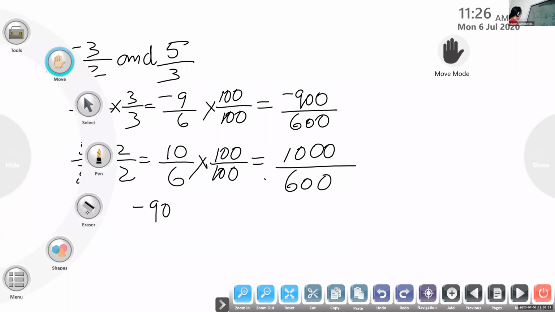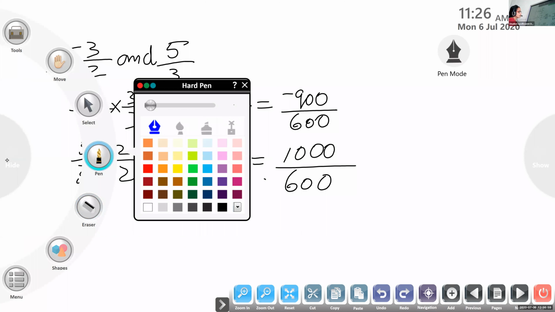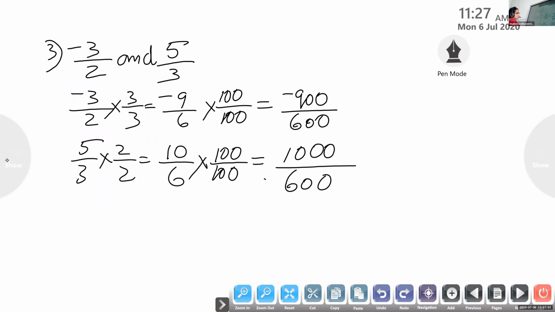Here it is negative, so you have to write between negative 900 and 1000. Negative 901, does it lie between these two?